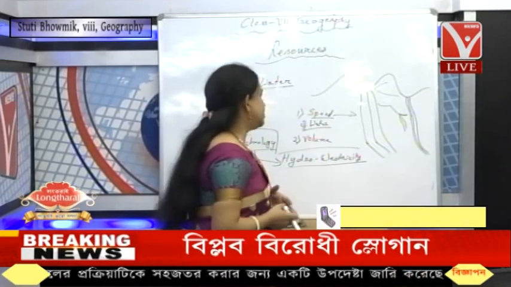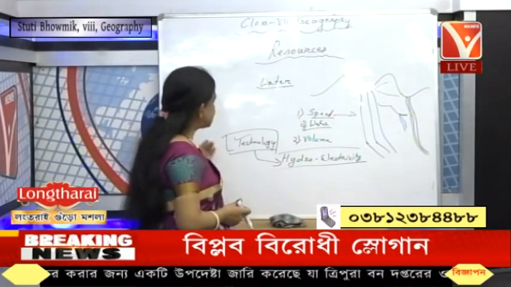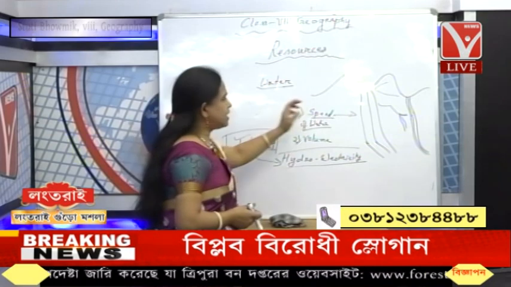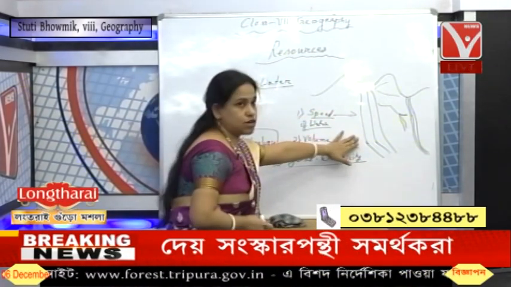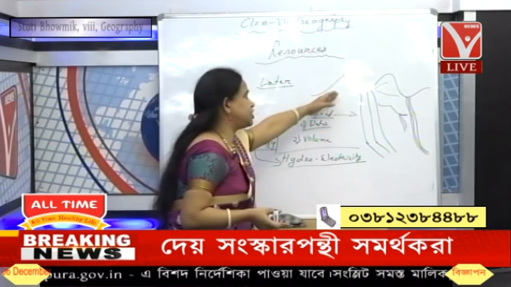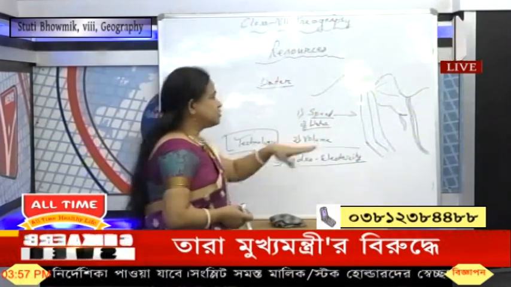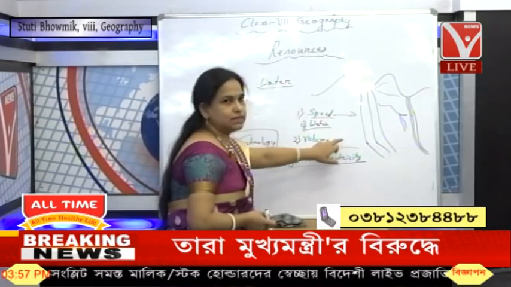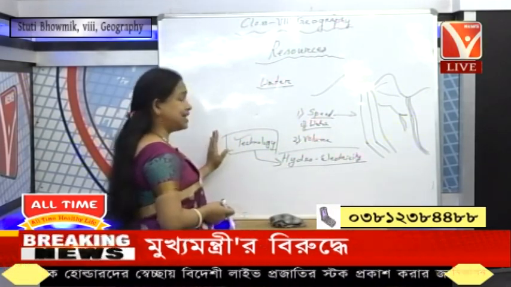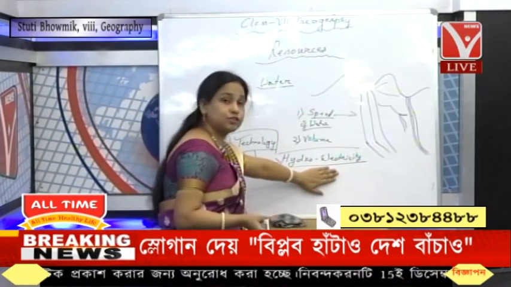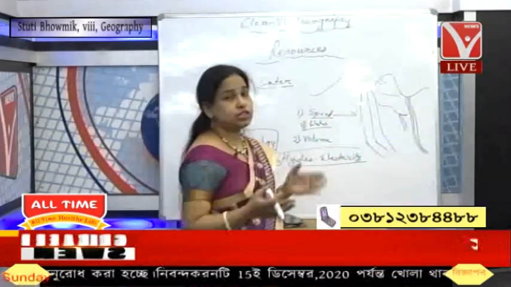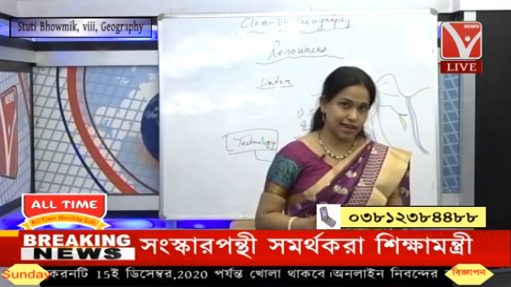So in this way, we can see that human beings have developed technology. Human beings have utilized this flowing of water, a voluminous flow of water that was abundantly flowing in the mountainous region. This speed and volume was utilized by human beings with the help of technology, with scientific know-how, and has developed hydroelectricity, which has a lot of utility in our day-to-day life, right?